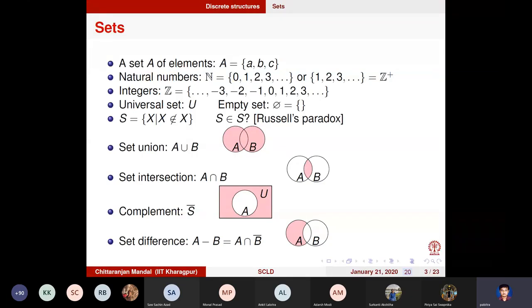So this would be called an expression. Note one thing, that you have a notion of the value of an expression. If you evaluate this A union B intersection C, you get another set. So the input is a set, and the output is also a set. That's what is important in algebra.